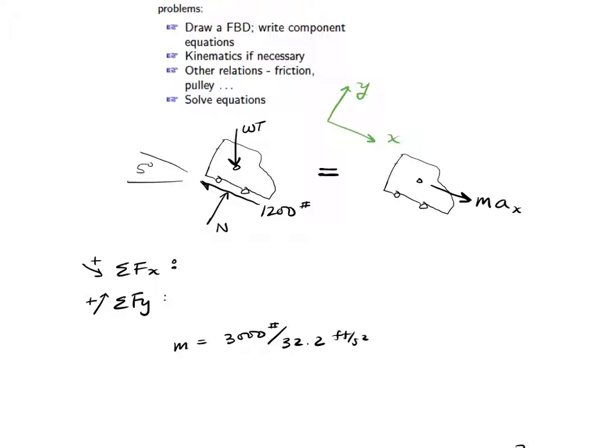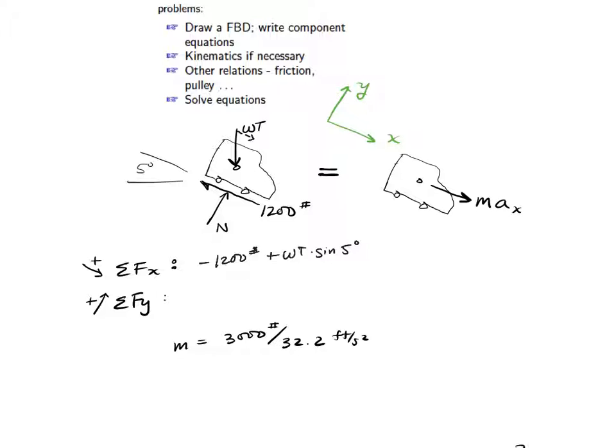So I'm just going to apply some equations of equilibrium. I'm going to sum forces in the x direction. On the left-hand side, I've got minus 1,200 pounds, plus the weight times sine of 5 degrees. Nothing else is working, it's just that component.